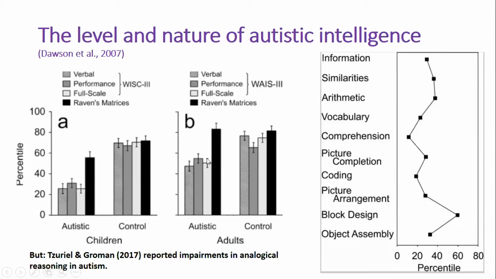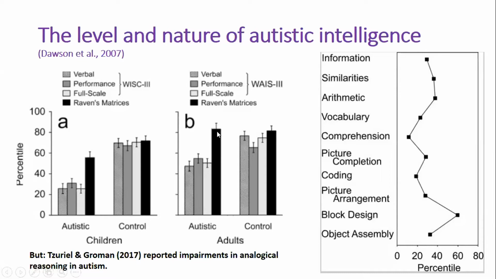So the idea, this paper proposed, is that maybe autistic intelligence is underestimated when we rely on Wechsler intelligence test-based IQs, but another possibility is that they have a real strength in analogical reasoning or a real strength in fluid intelligence.